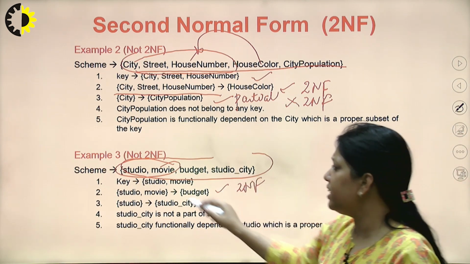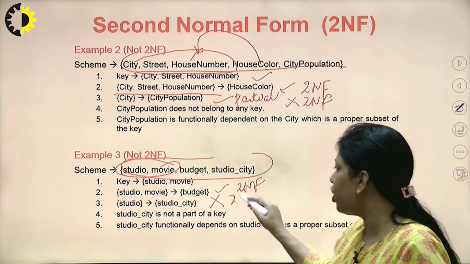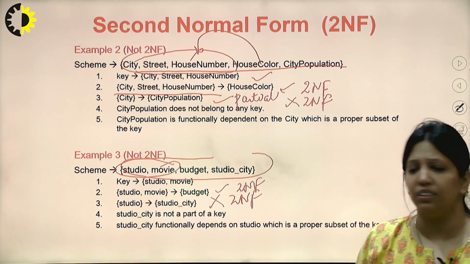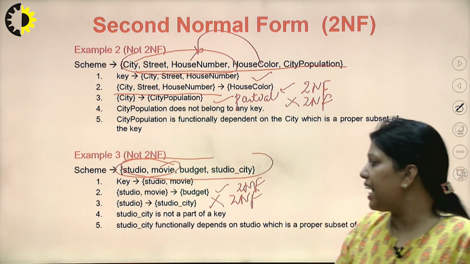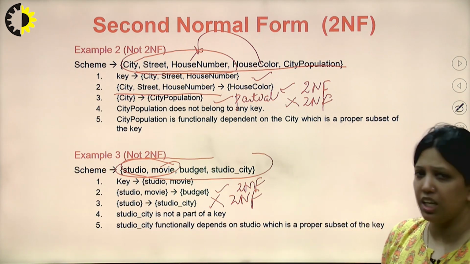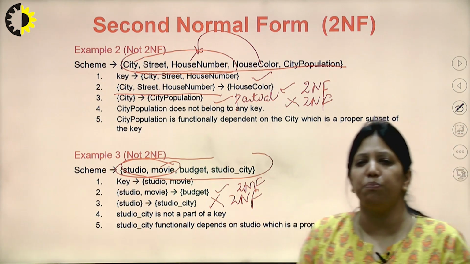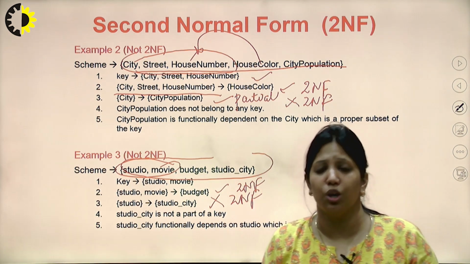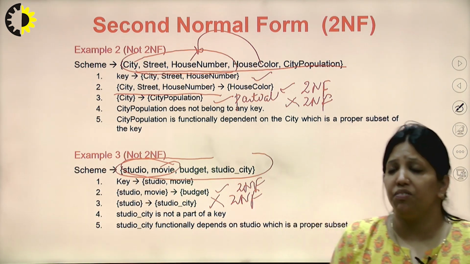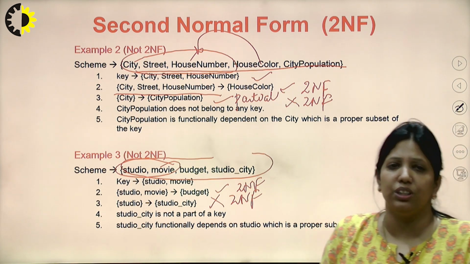Studio city is only dependent on a part of the key, so this is not in second normal form, because this is a partial dependency. Studio city is functionally dependent on studio, which is a proper subset of the key. So this is in second normal form and this is not. If the relation is not in second normal form, then we have to convert that relation into second normal form.